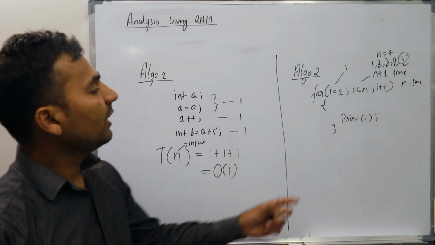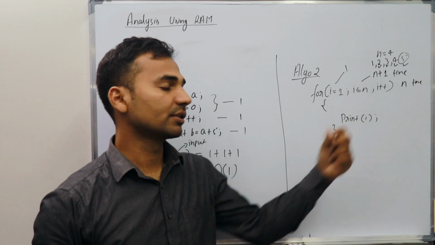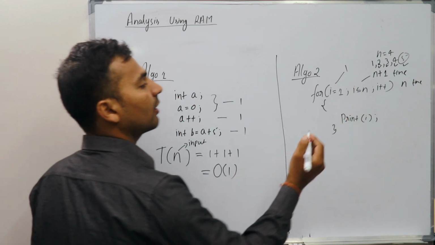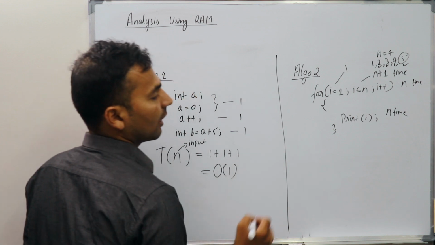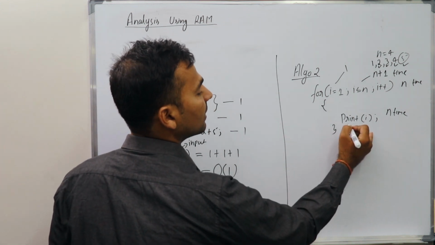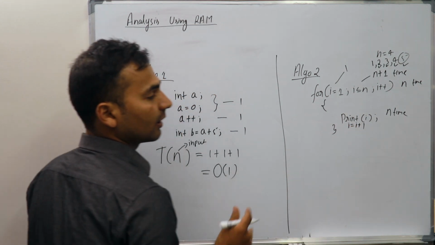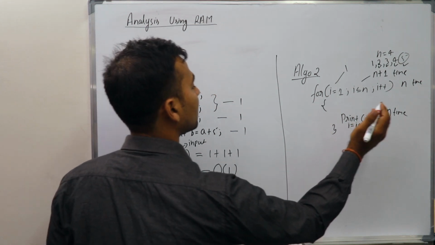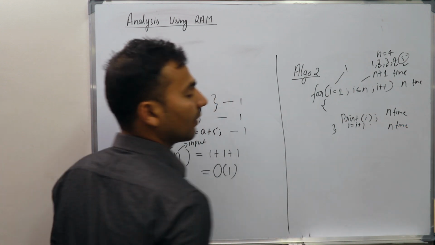Now, how many times do the primitive operations inside the loop execute? n times. Now, suppose we have another operation inside the loop, let's say i equal to i plus 1. Then how many times does this operation execute? It executes n times.